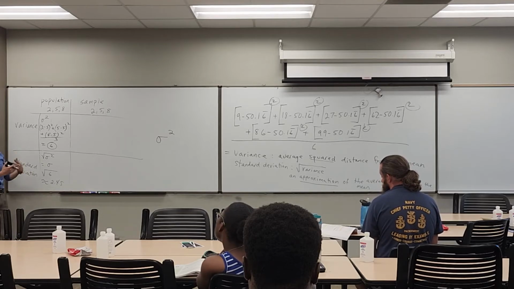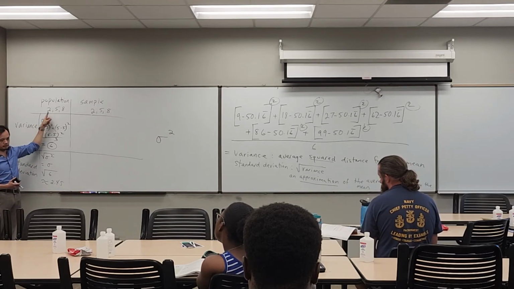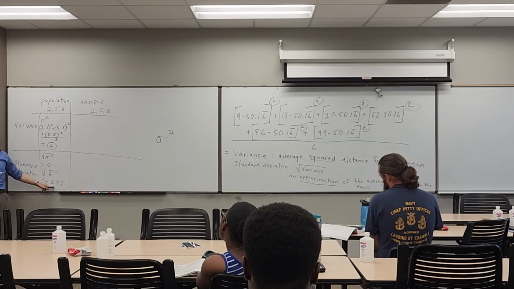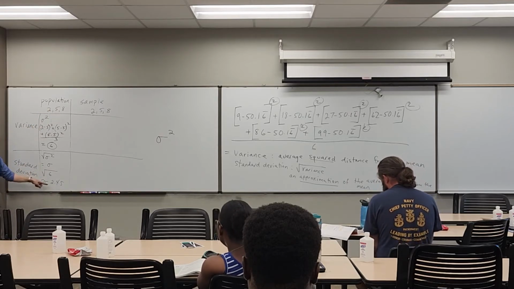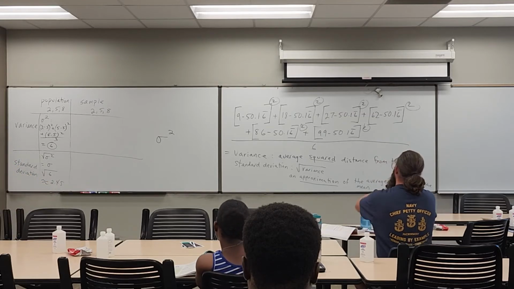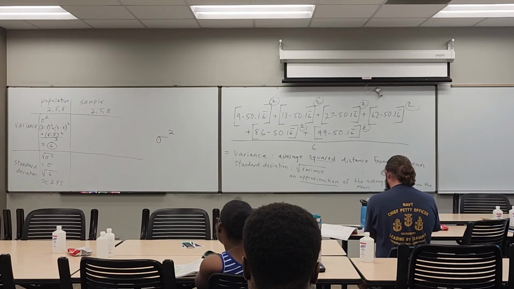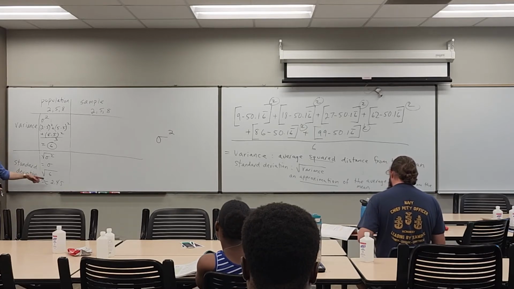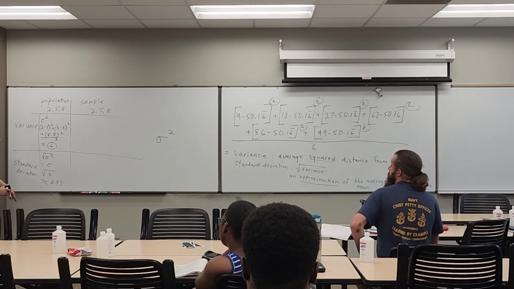Right? So the actual average distance of these numbers from the mean is 2, but the standard deviation is telling us the approximate average distance. So you notice this isn't exactly 2, but it's close. Any questions? All right, so the approximate average distance from the mean is 2.45.